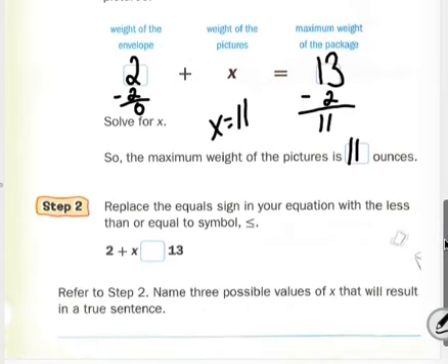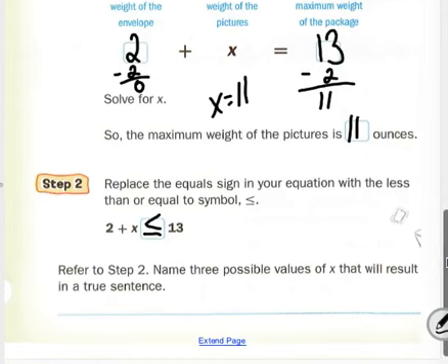All right, so what we're going to do is replace the equal sign in your equation with the less than or equal to symbol. So get rid of equals. We're going to substitute in less than or equal to. It says refer to step 2 and name 3 possible values of X that will result in a true sentence. So there are more values than just 13 that would make this true.